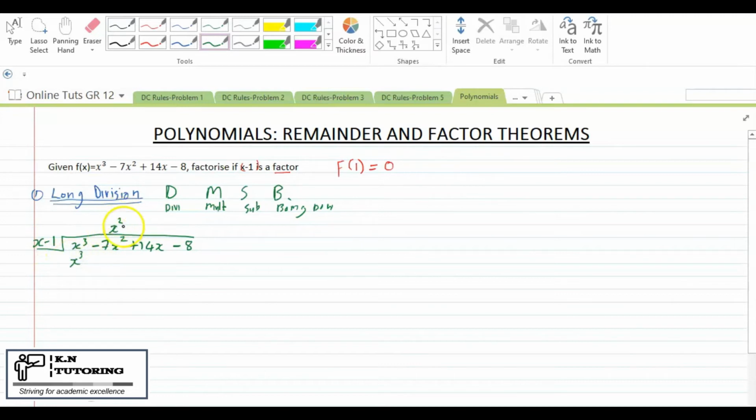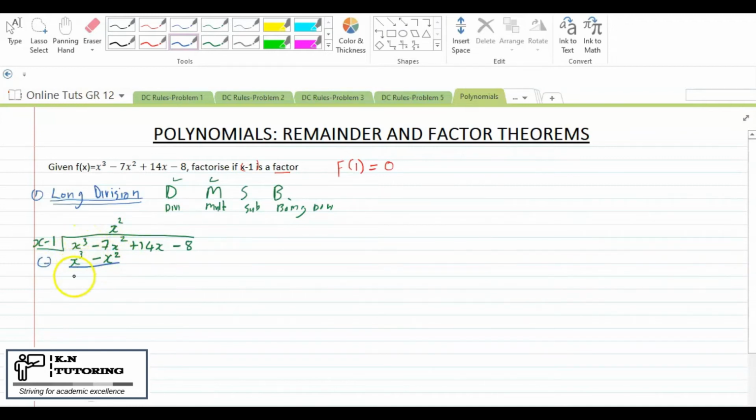And again, x squared times minus 1 will give me minus x squared. I'm done with this. Now I'm going to subtract.